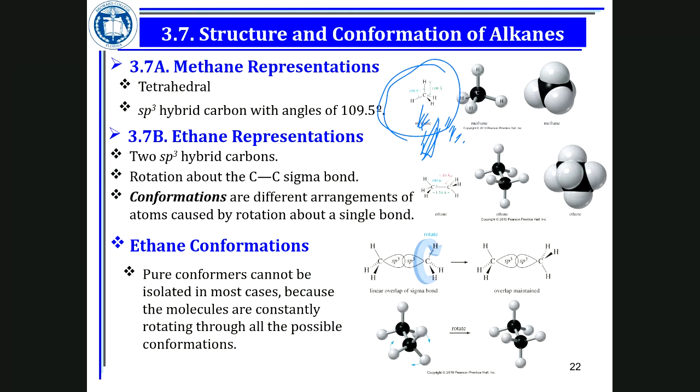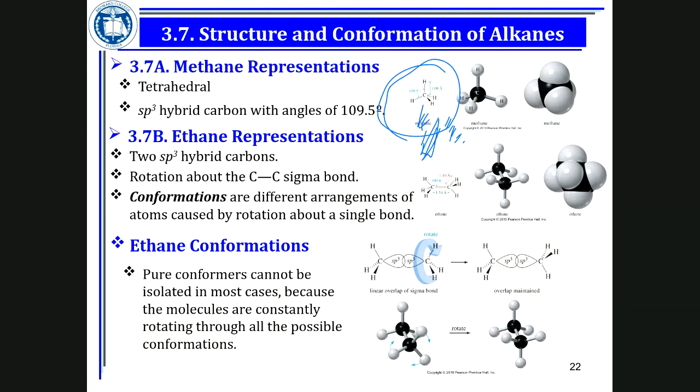And since the rotation around carbon-carbon is free, so rotation is possible, I can start rotating this carbon-carbon bond. And as I rotate the carbon-carbon bond, what you notice is that sometimes the hydrogens are covering each other. So the two hydrogens, one from each carbon, are kind of covering each other.